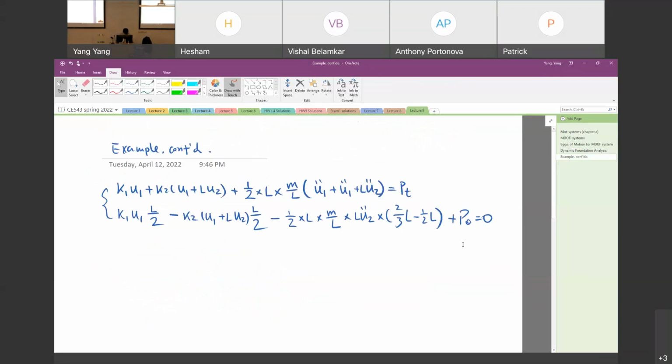Any questions? As long as you have the free-body diagram, the remaining is the same as structural analysis. The only difference is you need to figure out how to express the inertial forces.